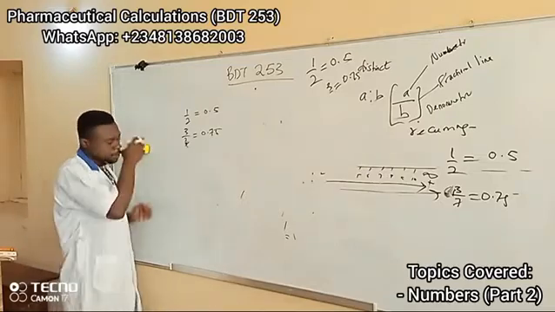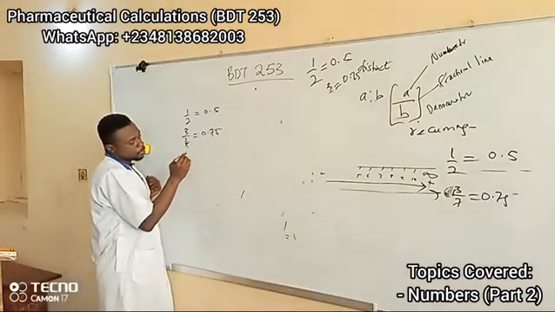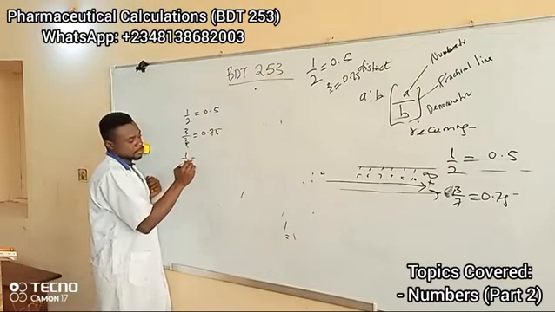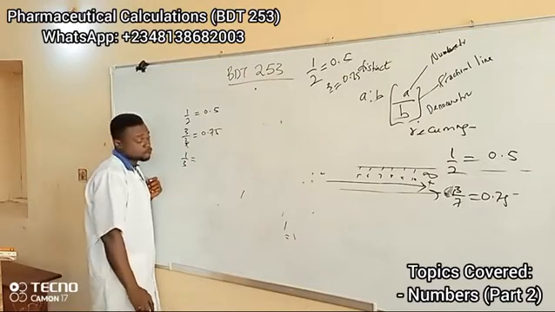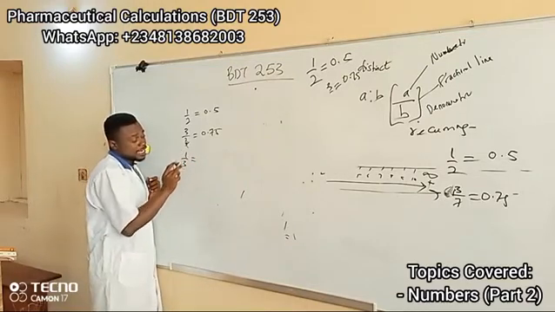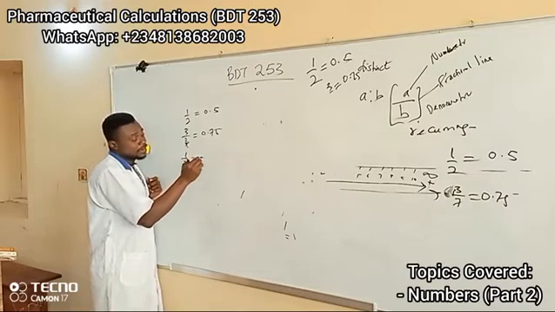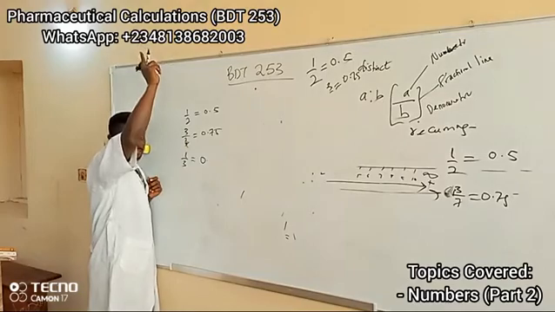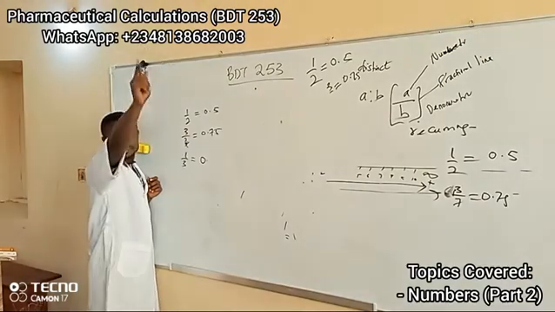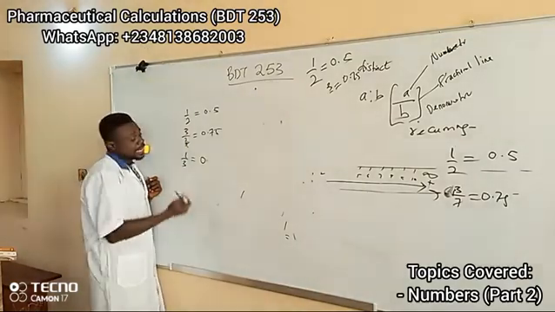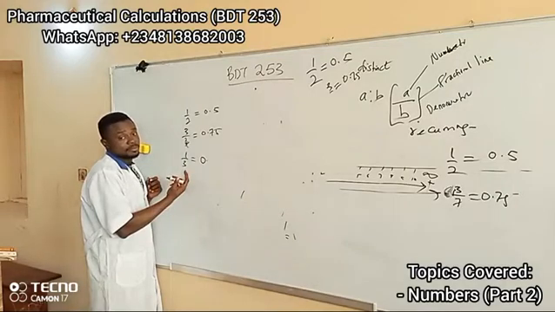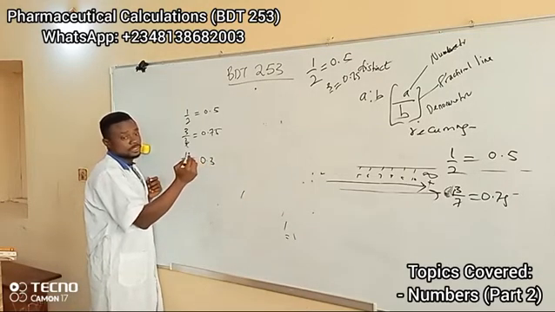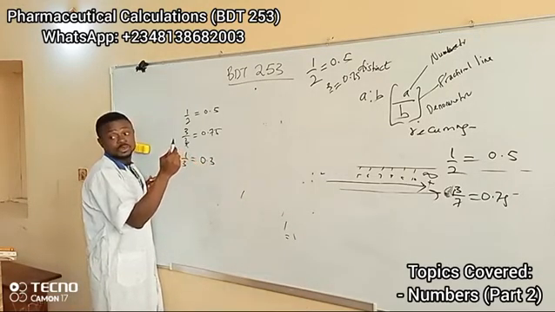Then let's do 1/3. 1 divided by 3 is 0, remainder 1. You times it by the base, it becomes 10. 10 divided by 3 is 3, remainder 1.